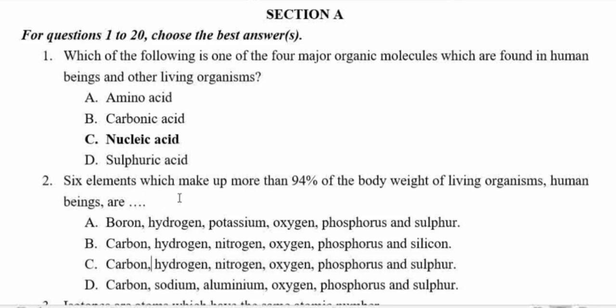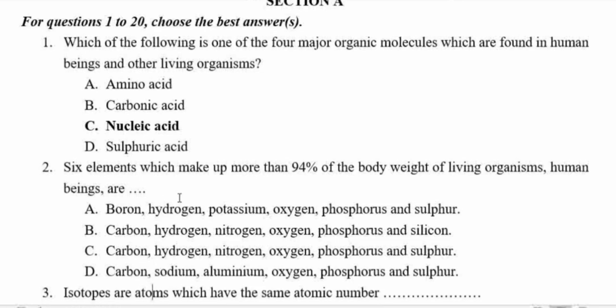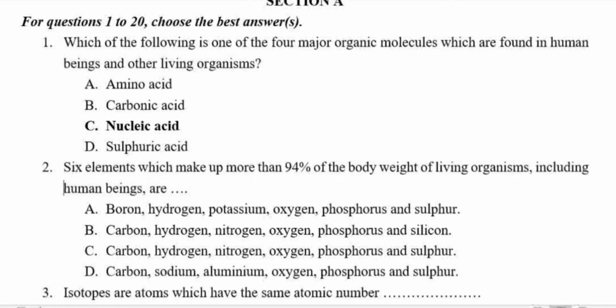Now the next question is asking us something. It says 6 elements which make up more than 94% of the body weight of living organisms, including human beings, are, okay. So it means the word including was omitted.